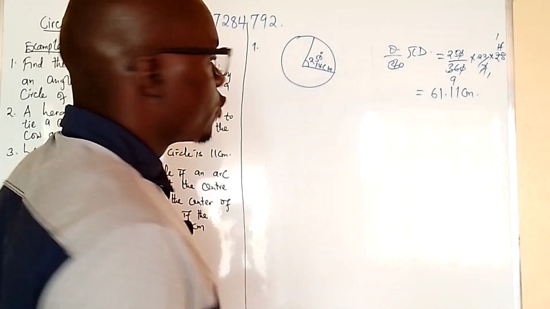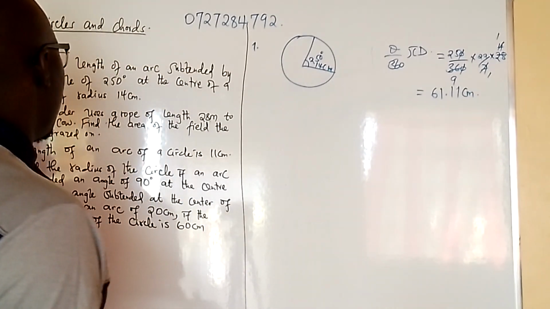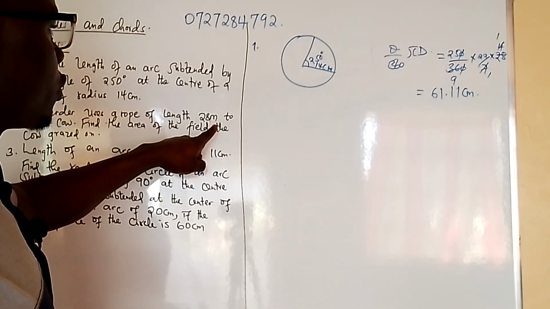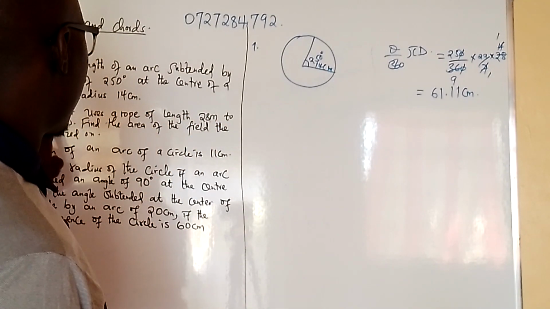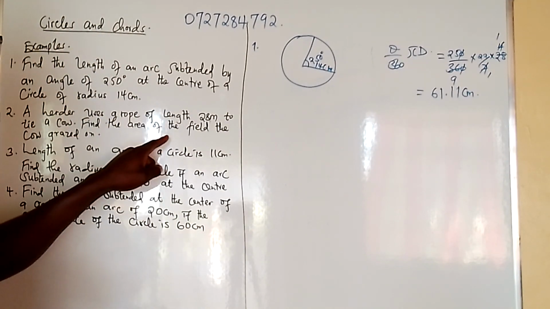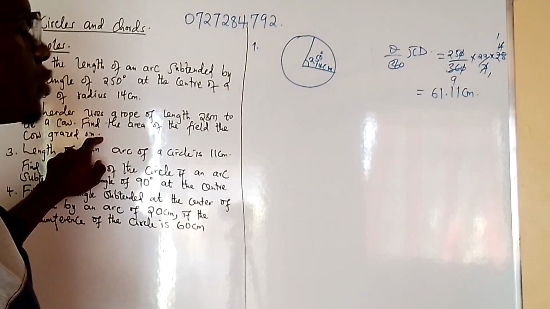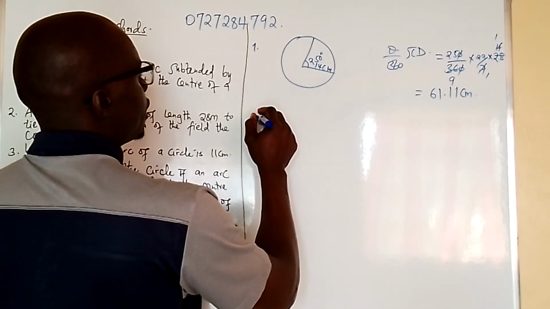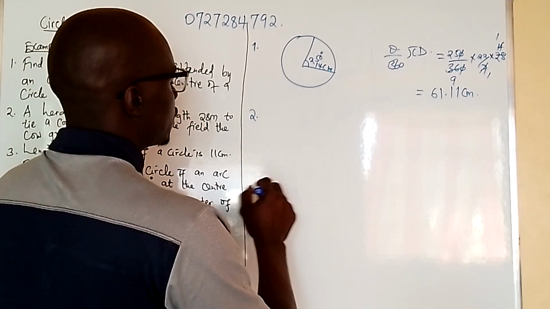Let us now look at question 2. A herder uses a rope of length 28 meters to tie a cow. Find the area of the field the cow grazed on. This is still a circle question.